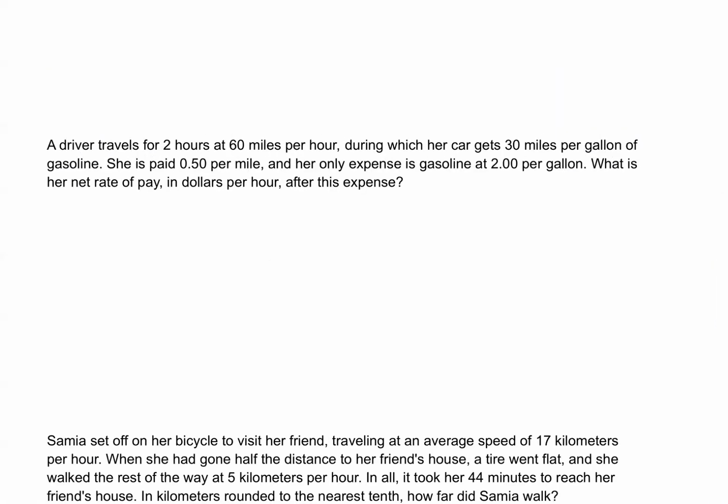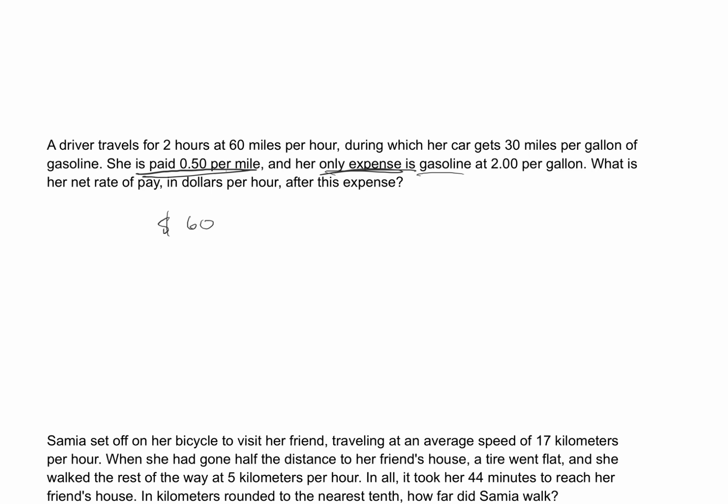Oh, okay. Why was it subtract 8? So here we know that she is paid this much for her driving, so she's paid $60, right? And her only expense is gasoline. An expense is something that she's paying for.